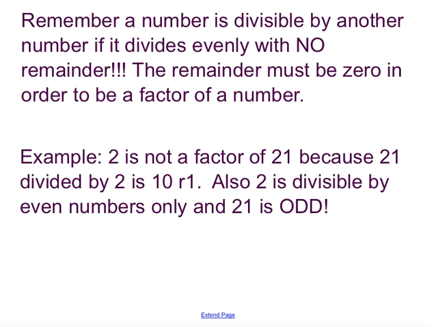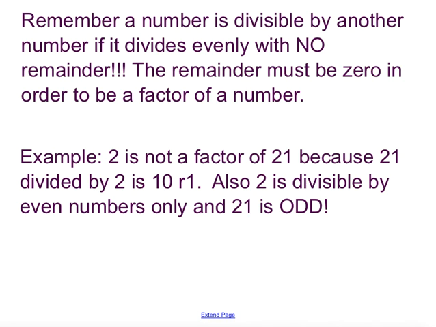So let's look at an example. 2 is not a factor of 21 because 21 divided by 2 is 10 remainder 1. Also, 2 is divisible by even numbers only, and 21 is odd, so that's not going to work.